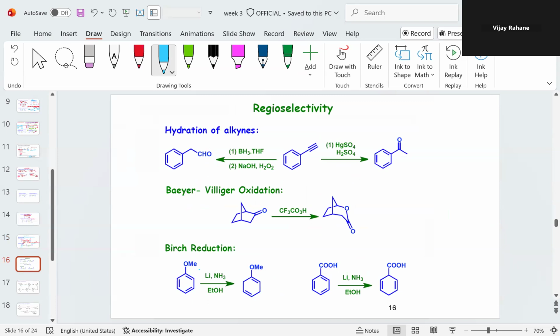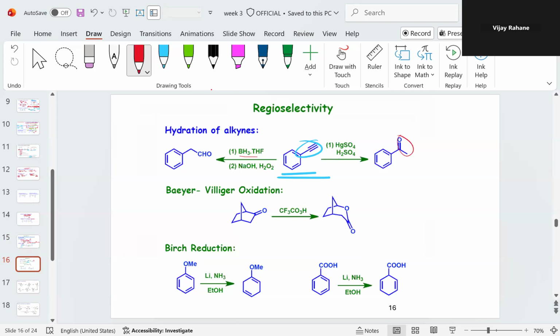Then here is another question. This is the alkyne, and if you add HgSO4 and H2SO4, that's the acid, this HgSO4 acts as the oxidizing reagent. The ketone, sorry, carbonyl group forms on the middle carbon.